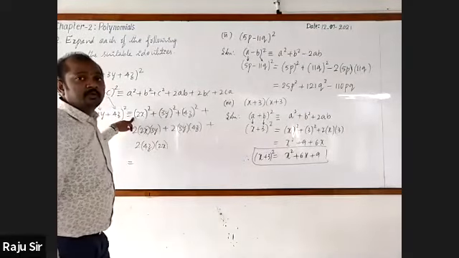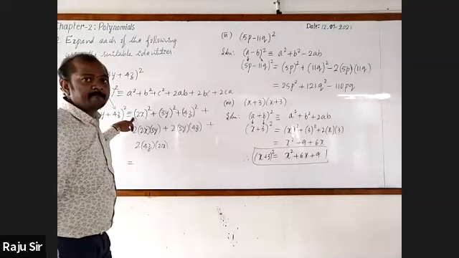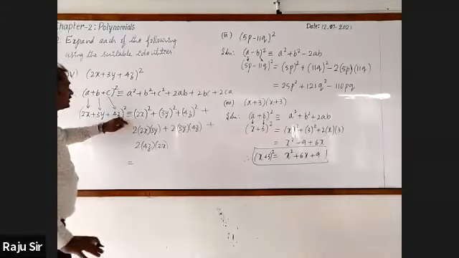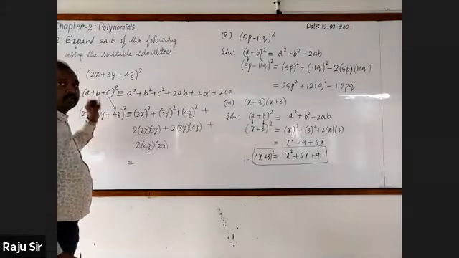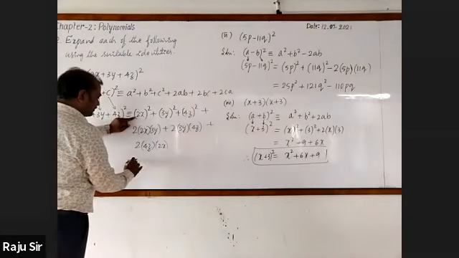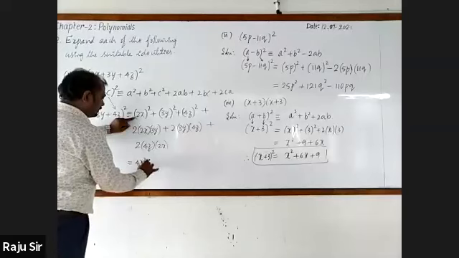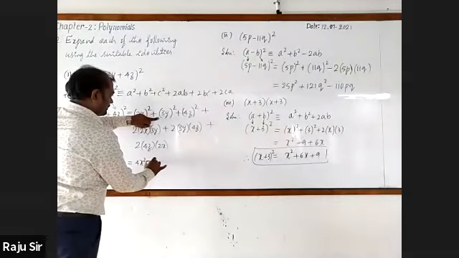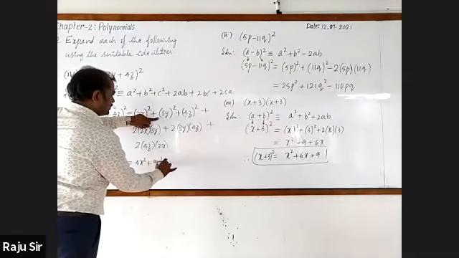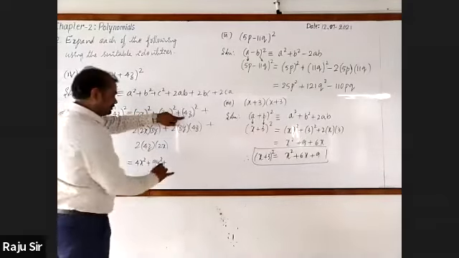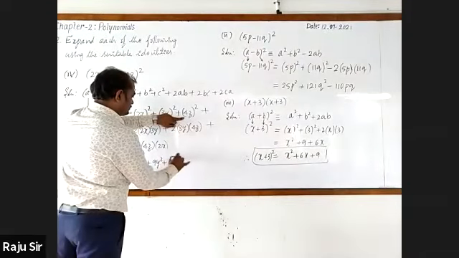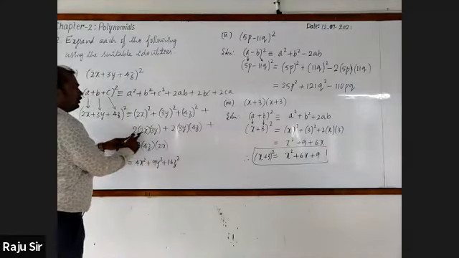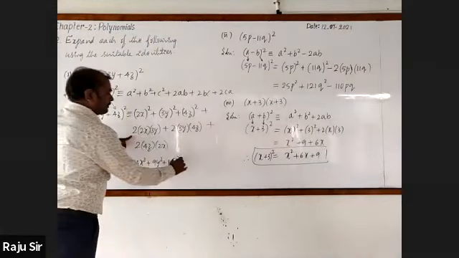Roll number 39, Sarthak Anil Hardy, what is 2x whole square? 4x square, very good. 3y whole square is 9y square. Next, 4z whole square is 16z square. Very good.